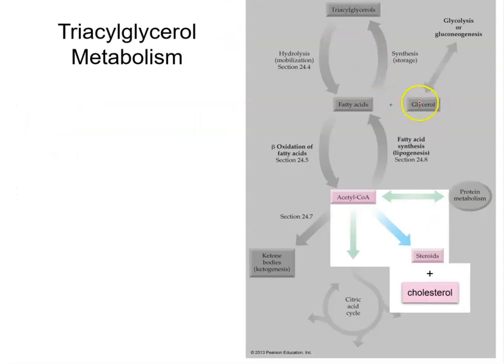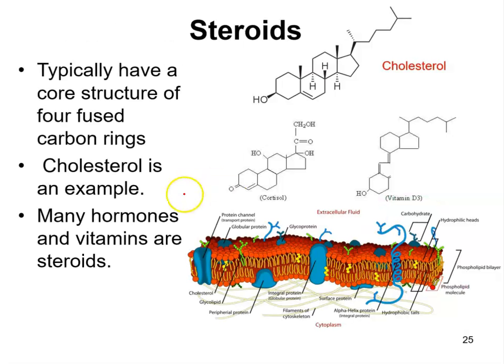So we have looked at glycerol and fatty acids being combined to make the triacylglycerols. That's the process we just looked at. Now we're going to start looking at acetyl-CoA in a different pathway, where we look not at going down to the citric acid cycle or over to ketone bodies or to protein, but at making steroids and cholesterol, which is a different part of the pathway, and it's done a little differently here.